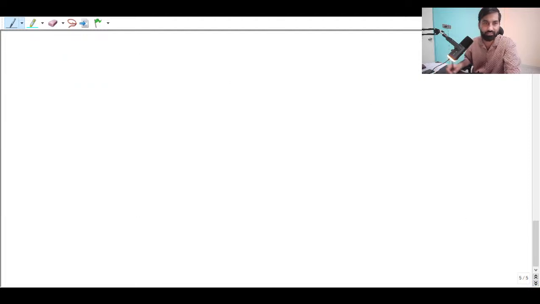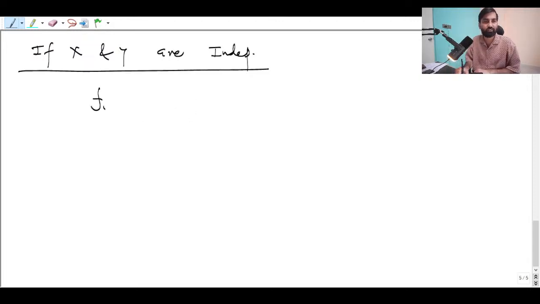So if X and Y are independent, then your joint density function is going to be written as the product of marginals.